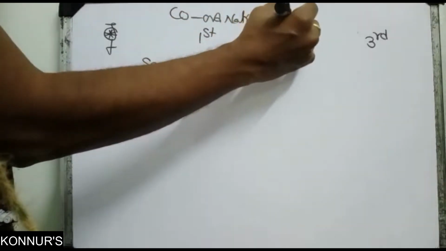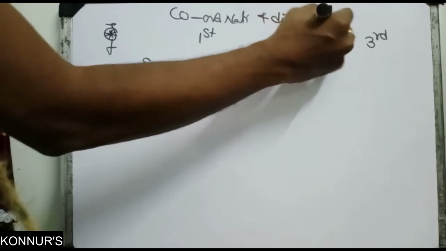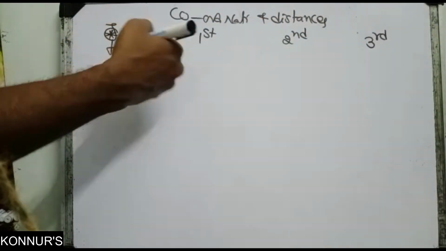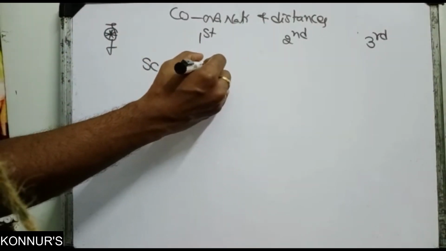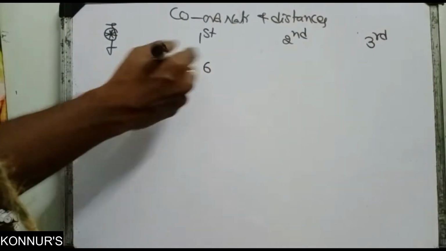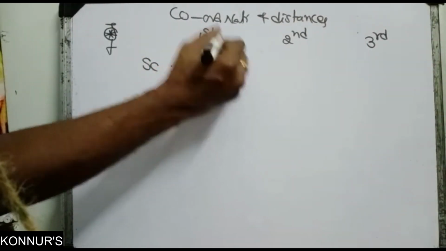Simple cube means one corner. First coordination is the next corner only, so the number is 6, and that distance is a.